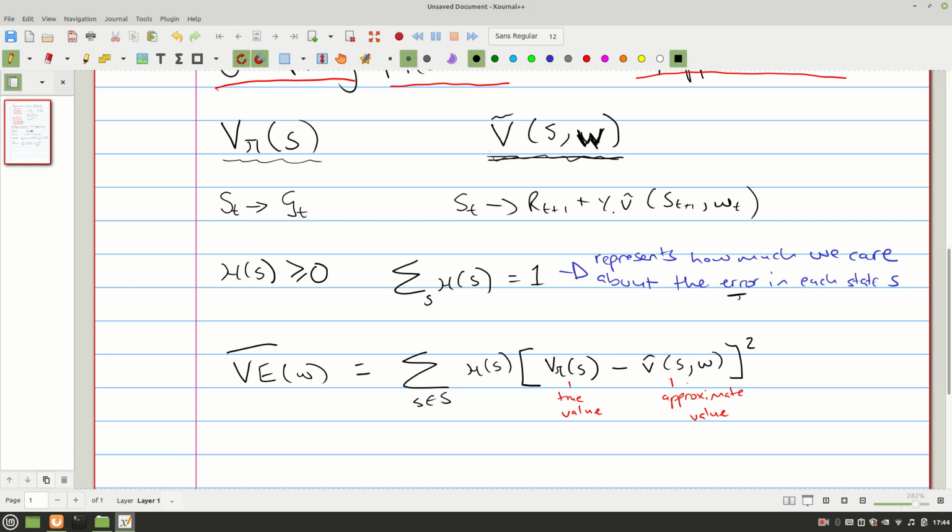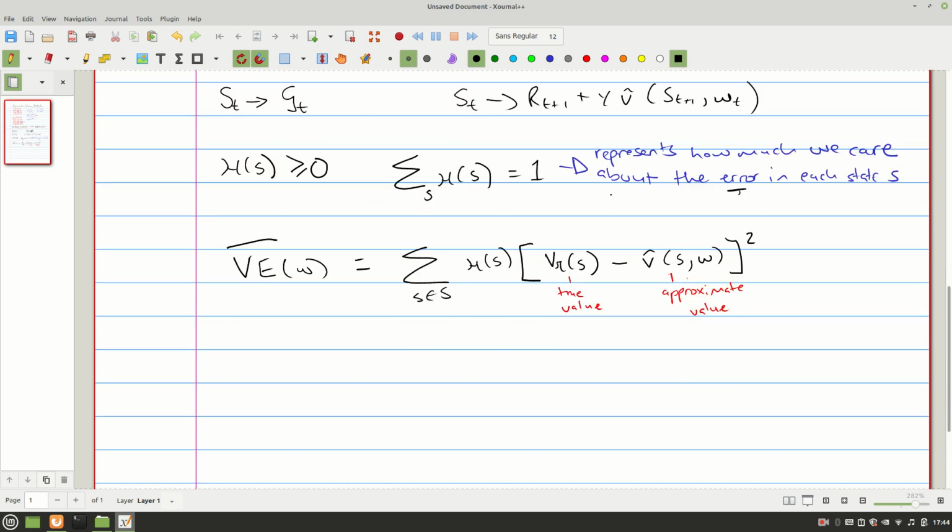So one thing you might end up asking yourself, and it's a perfectly legitimate question, is that we don't actually know what the true value of s is, right? So why do we have this function in here where we are subtracting? We can get the approximate value of s given some representation of w, but in this error term we're given the true value v_π(s), and we don't know what this is.